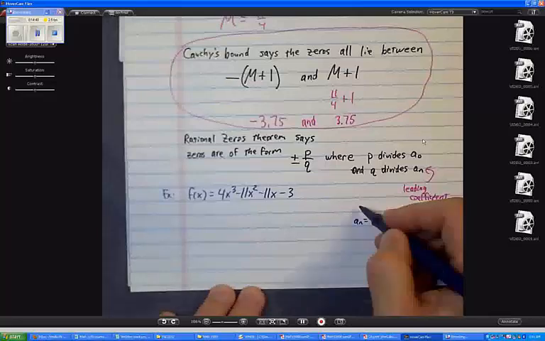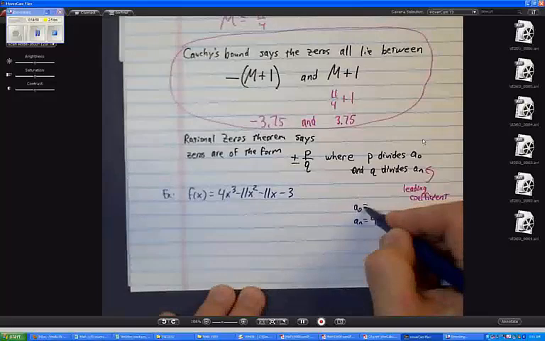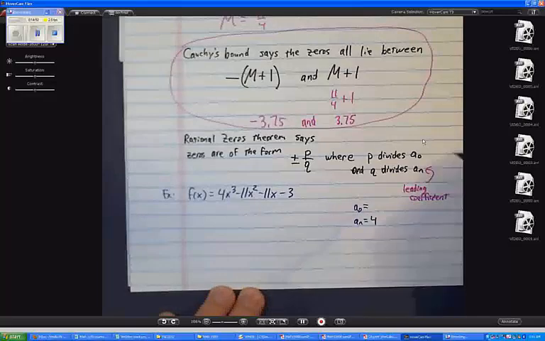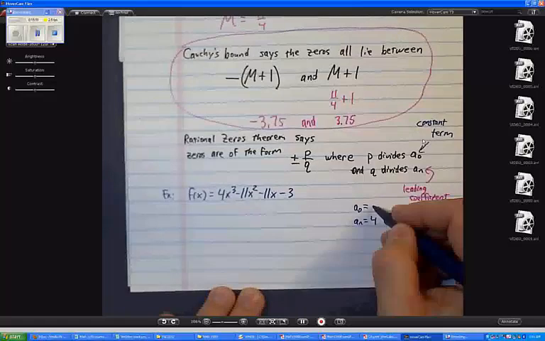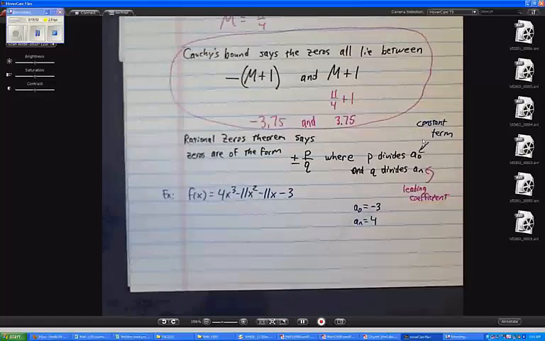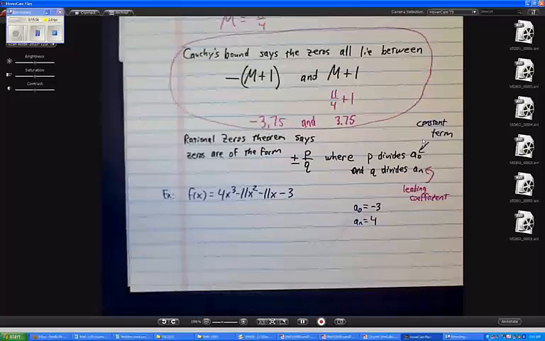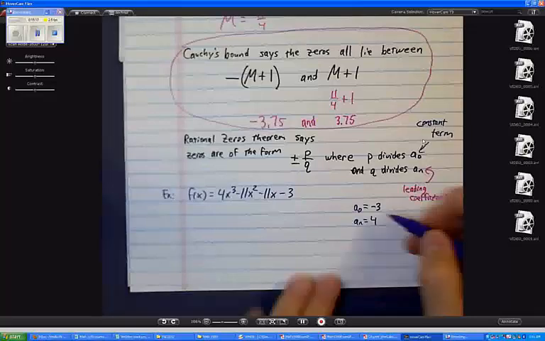A0, do you know what A0 is going to be? It's the constant term, yeah. So what is A0 in my example? Negative 3, that's right. Now, here's how this works. What are the factors of 4? So here's what I'm going to say.